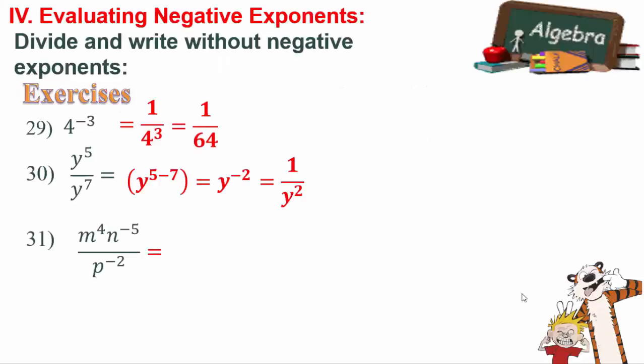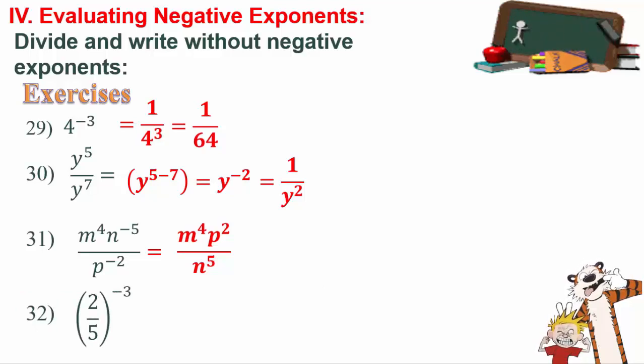In summarizing number 31, we have m to the fourth. I put this downstairs as n to the fifth power, and I brought p to the negative 2 upstairs as p squared.